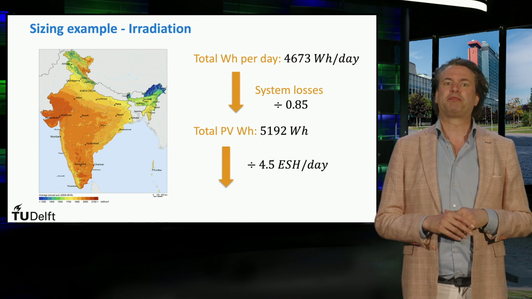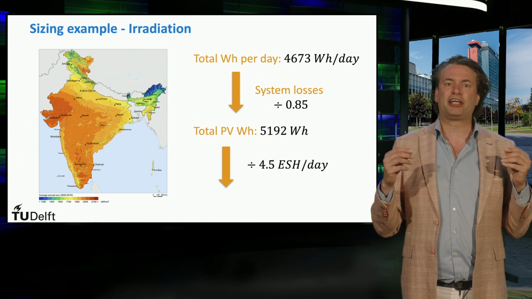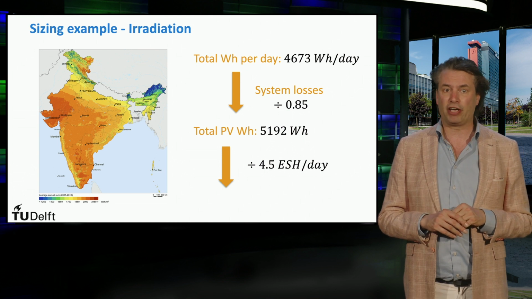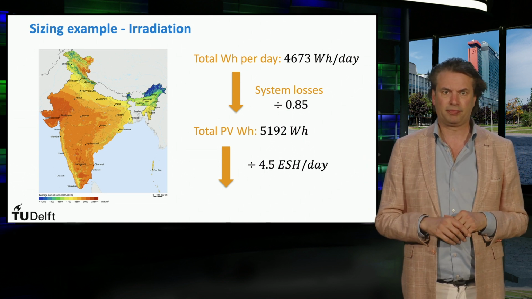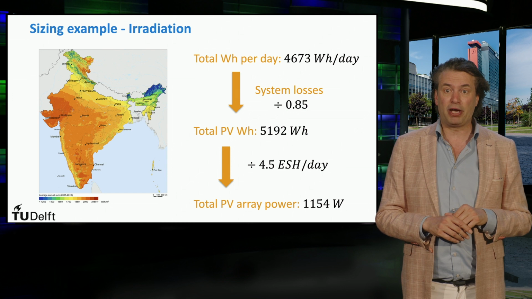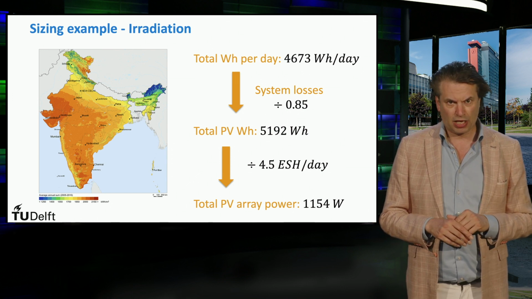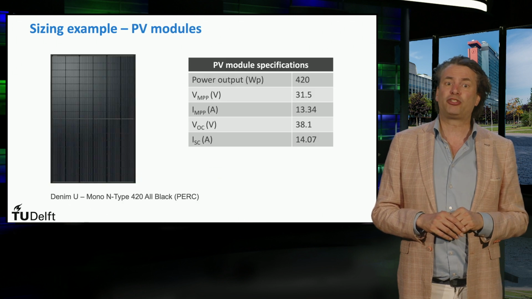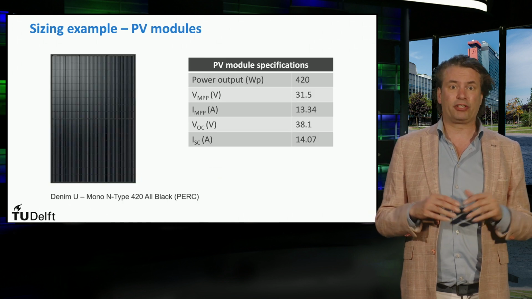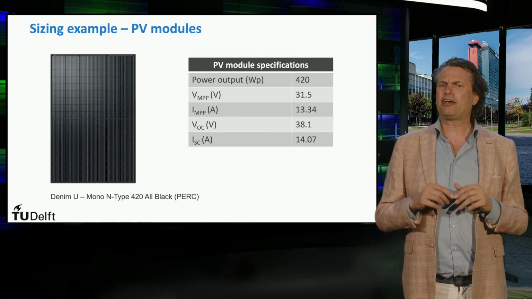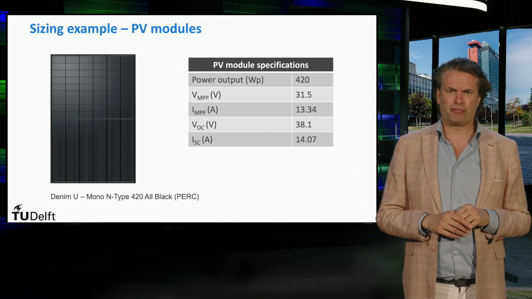The output power is obtained by dividing the daily total energy requirement by the obtained equivalent sun hour value of 4.5 equivalent sun hours in this case. This gives a PV array power of 1154 watts. Now the PV system needs to be sized by determining the required total number of PV modules. Let's take the following PV modules as a reference.